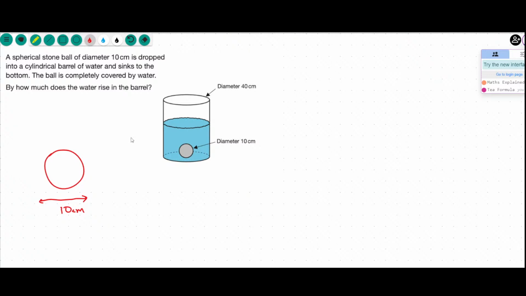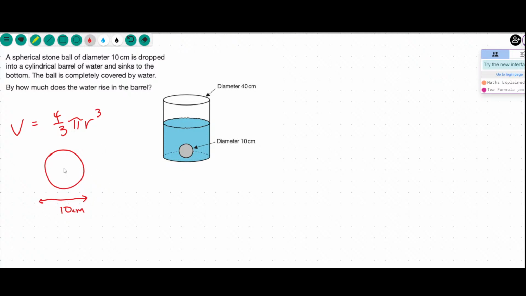So, bearing in mind this is 10 centimeters, we want to probably find the volume of this sphere, and the volume is going to be 4/3 pi r cubed. Most of the times you'll get this given, but if you don't, there it is.